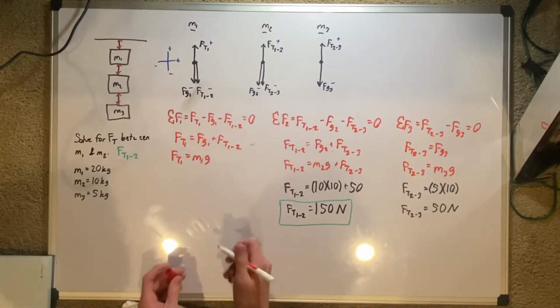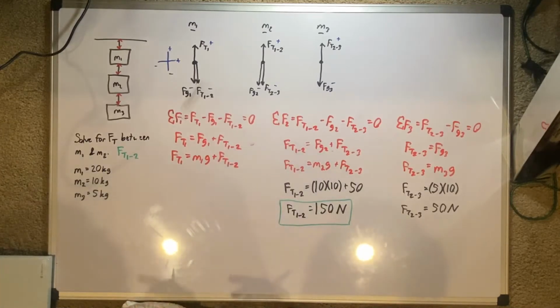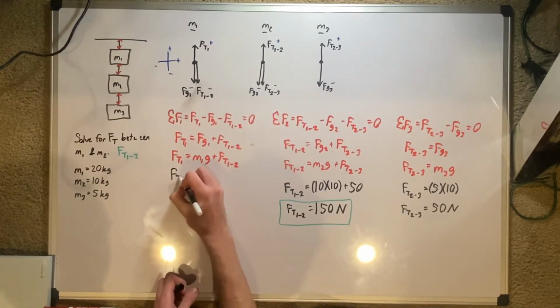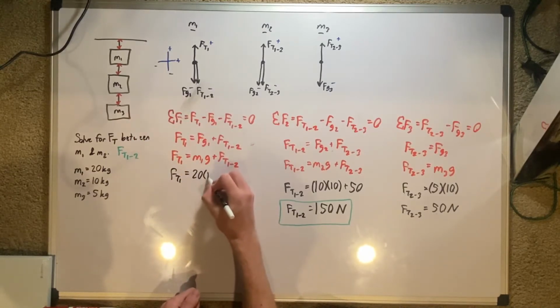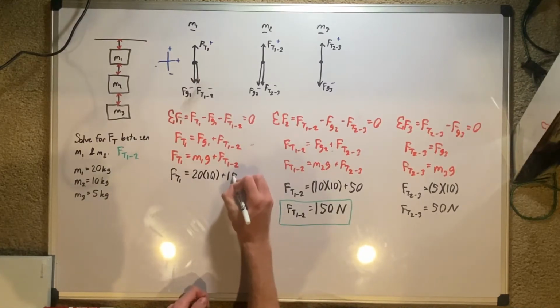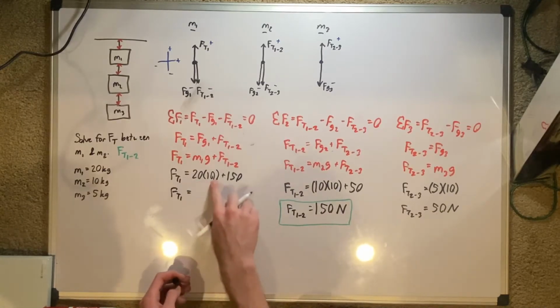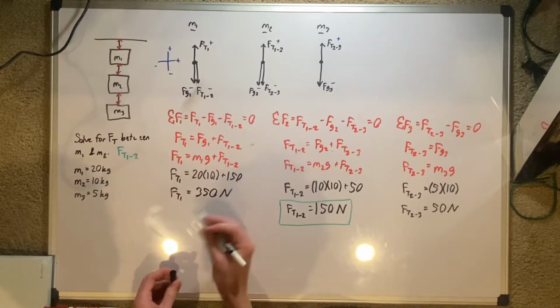Now, let us do plugging things back in. Ft1 is equal to mass 1, which is 20 kilograms, times gravity, which is 10, plus our Ft 1 through 2, which is 150. Our Ft1 is equal to 200 plus 150, which is 350 newtons.